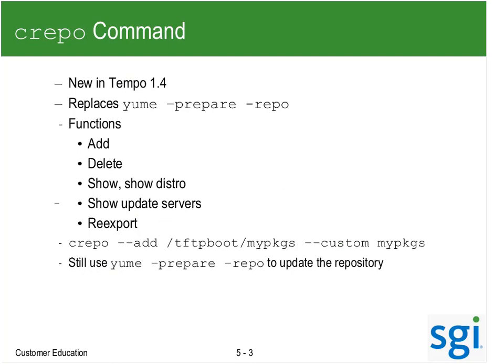So, crepo is a command to maintain the repository. It's basically a layer on top of Yume, and Yume is a layer on top of Yum. So in the lab, you're going to create your own directory called my-packages and put in custom packages that are not part of a distribution.